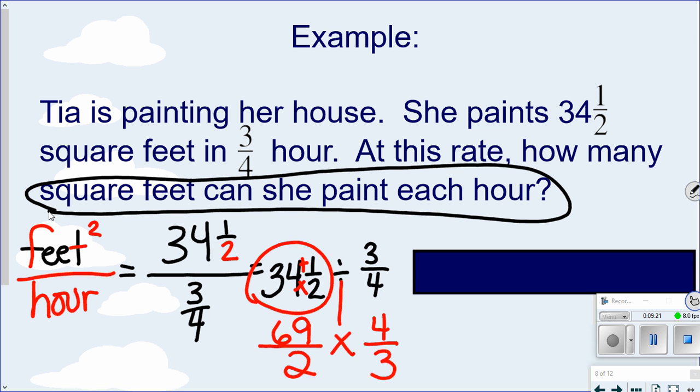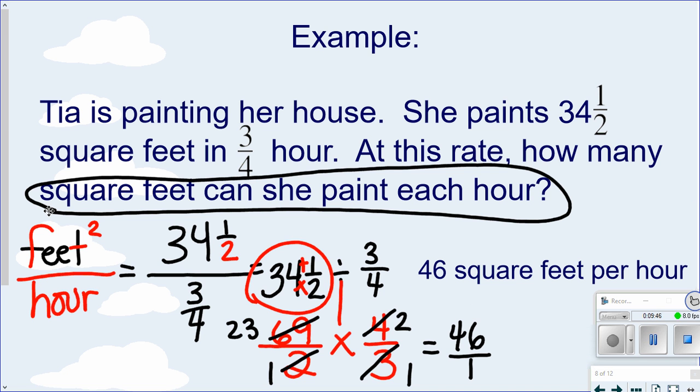I'm going to cross simplify so that it makes it easier to reduce my fraction at the end and find it in lowest terms. I know that 2 can go into 4 twice, and I know that 3 can go into 69 23 times. So now I have 23 times 2, which is 46 over 1, which makes the answer that Tia can paint at a rate of 46 square feet per hour.